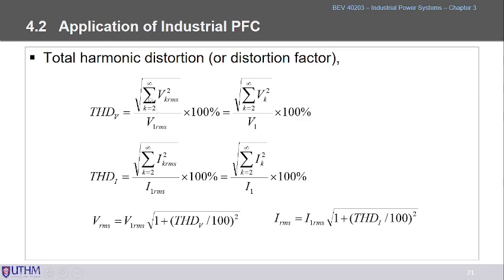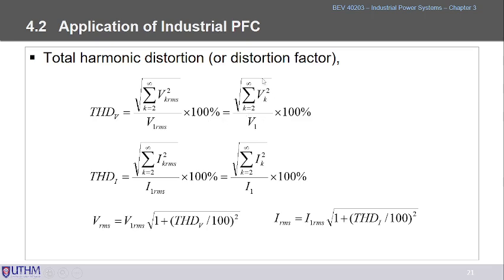That means it is not counting the fundamental, because the fundamental is our reference here. In order to calculate the components of the harmonics only, we start with k equals 2, then k3, k4, etc. And then we multiply by 100%, so it is represented as a percentage.